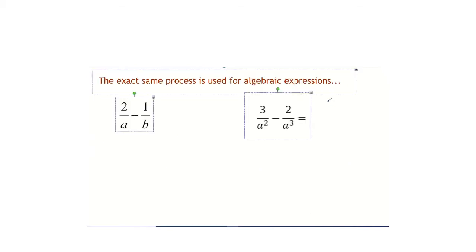All right, so if we look at these two fractions, what you need to get your brain programmed is that A and B are just taking the place of numbers. They have all the same properties, and we do everything the exact same. So if I wanted to get the common denominator of the letter A and the letter B, I need something that both A and B would divide into.